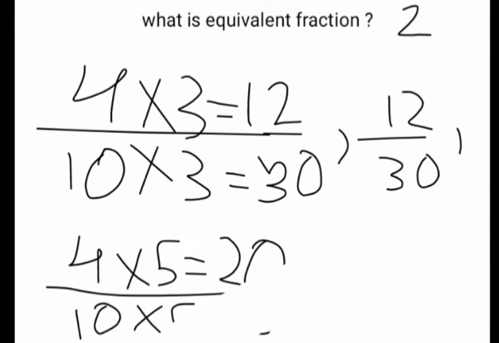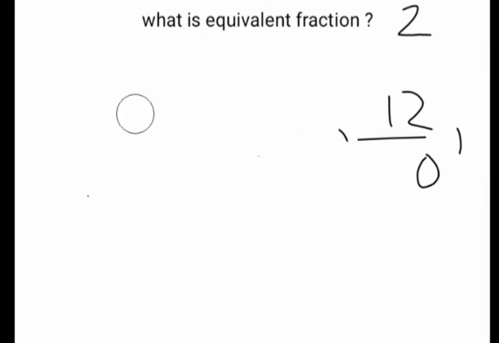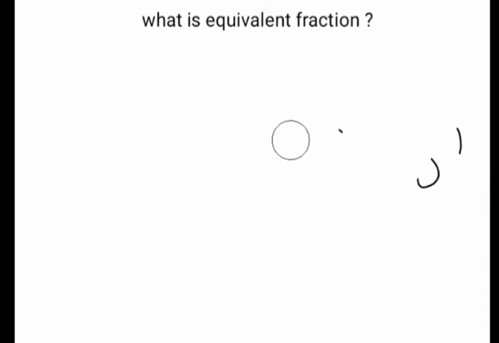Now we will solve one question. With the help of that question, you can understand what is equivalent fraction. Okay, so the question is, write 5 equivalent fractions of 3 upon 5.